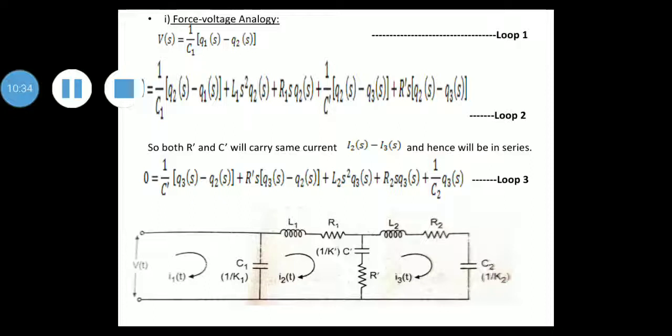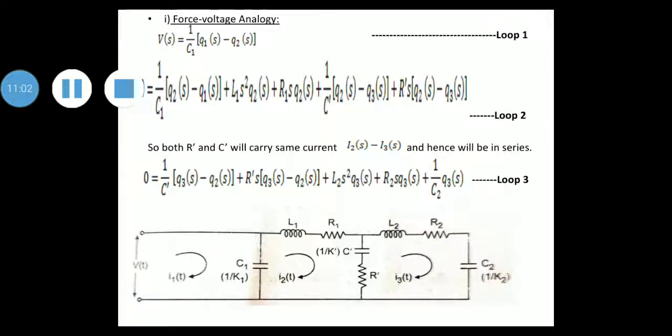In the second loop, which elements are there? Already C1 has been shown common to both loop 1 and loop 2. Then L1 is carrying current I2 of s. C dash is carrying current I2 as well as I3. R dash is carrying current I2 and I3. Is it clear?